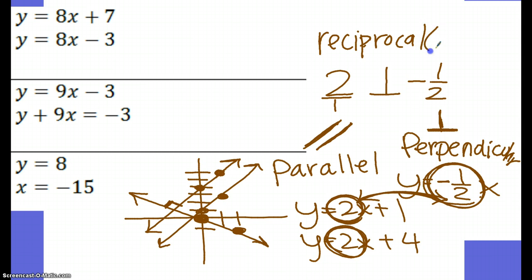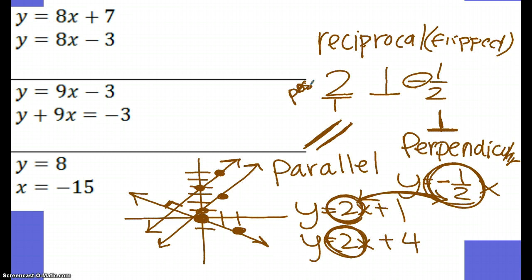That's what reciprocal means. It means flipped. And they're different signs. So this one's negative and this one is positive. Okay, so perpendicular: flipped, and different signs.